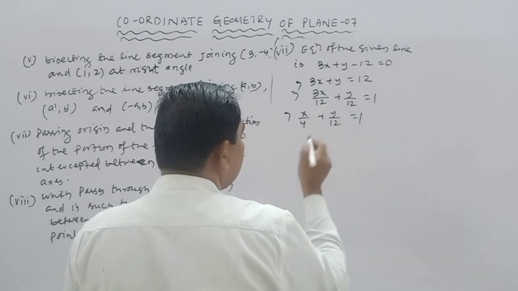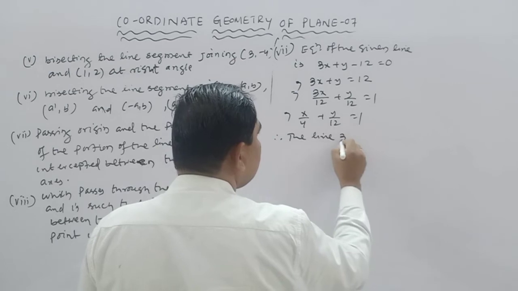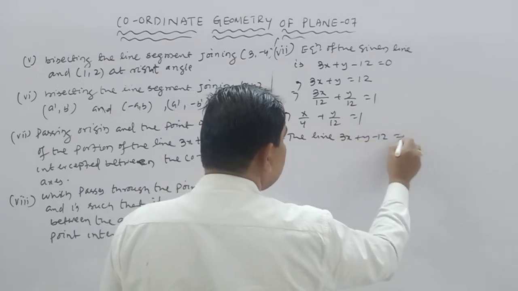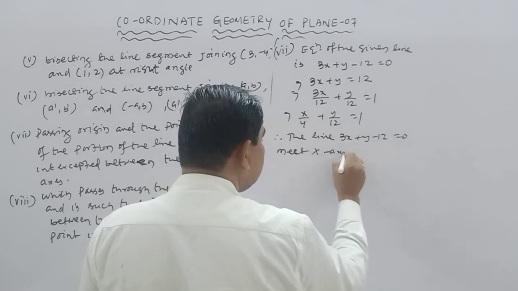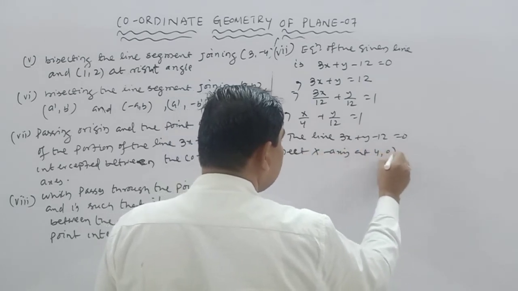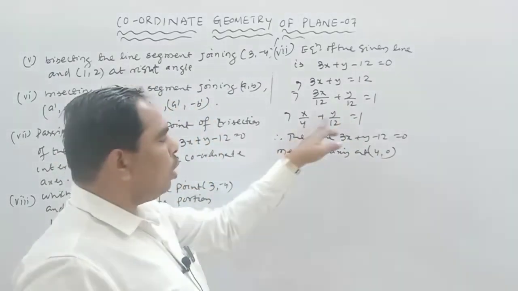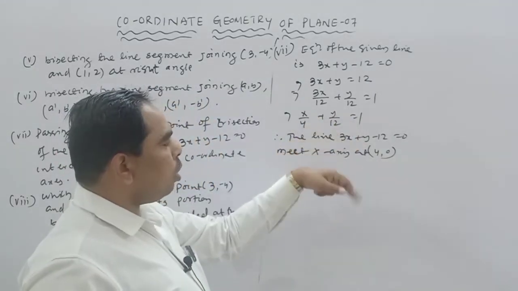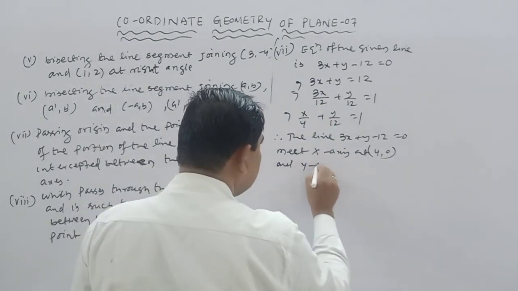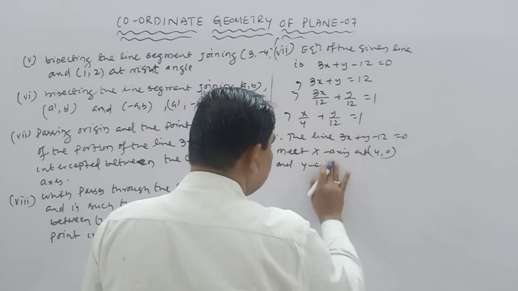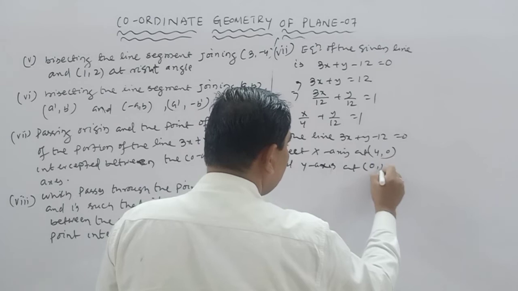Therefore the line 3x plus y minus 12 is equal to 0 meets the x-axis at (4, 0). Put y is equal to 0 and find the value of x: when y is equal to 0, x is equal to 4. When x is equal to 0, y is equal to 12, so it meets the y-axis at (0, 12).